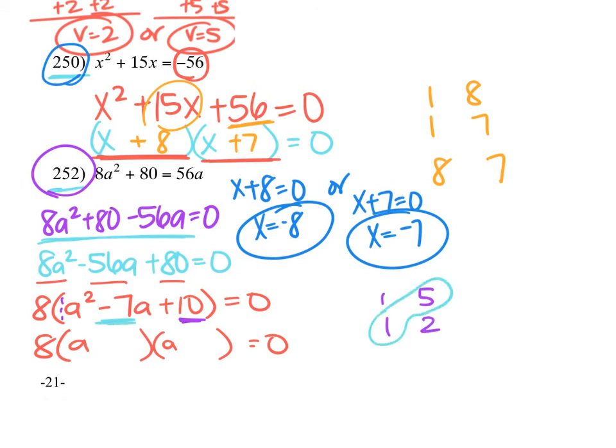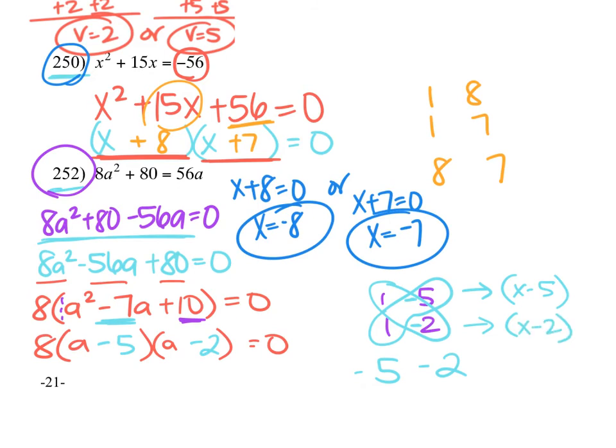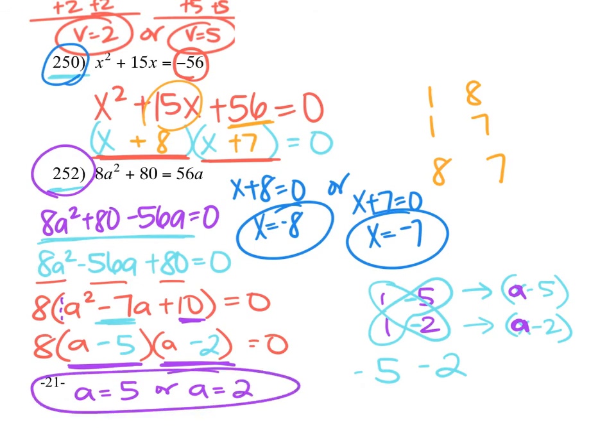So these two numbers multiply to 5, these two numbers multiply to 2, they both have to be negative, so I'm going to make this a negative 5 and a negative 2, so x minus 5 and x minus 2, and that's what I did. Or not x, I should have said a in this case. So now I look at a minus 5 and a minus 2, so a can either equal 5 or a can equal 2, and this would be my answer.